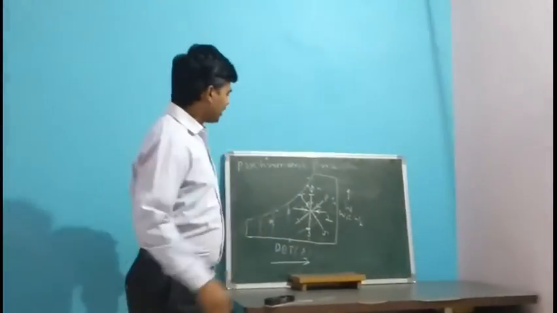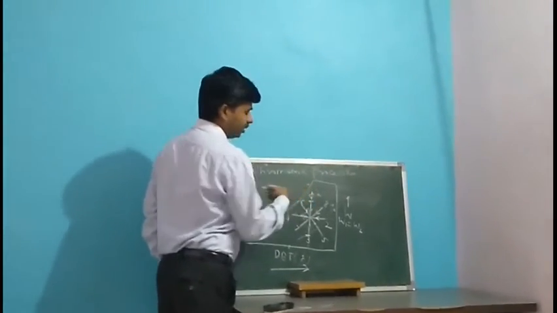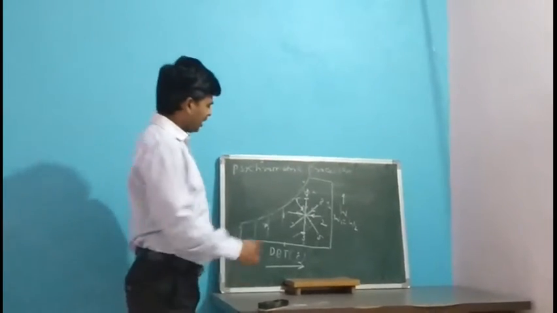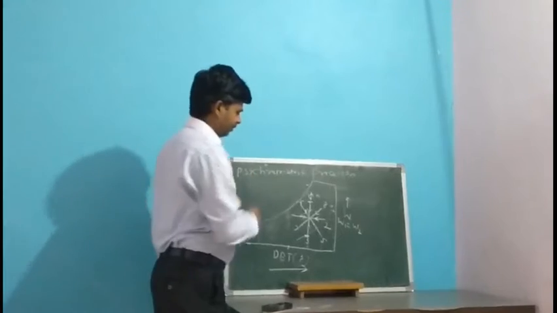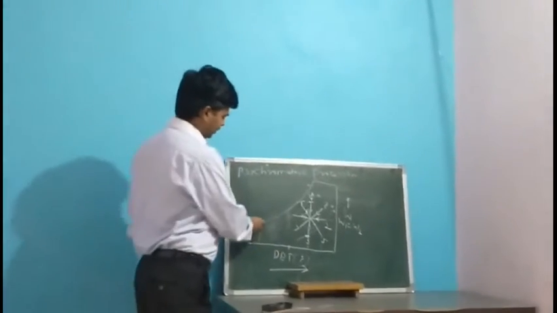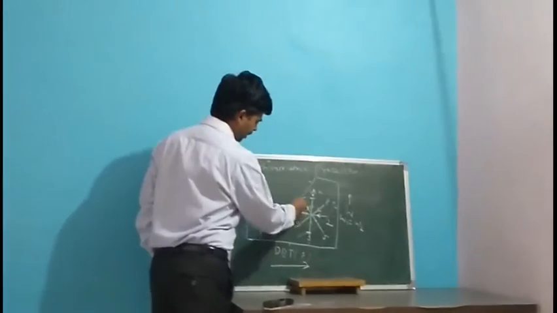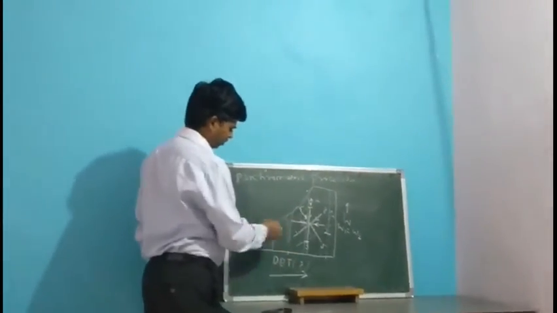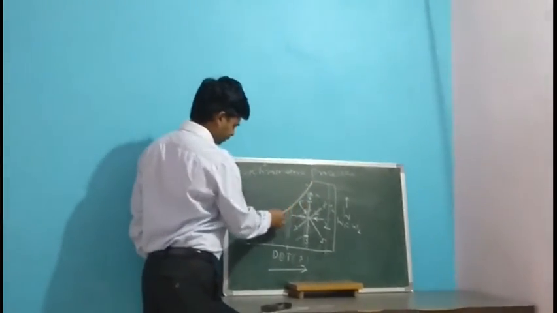So, the corresponding changes in the DPT and WBT. DPT is the dew point temperature and WBT is the wet bulb temperature. That also you can realize by just drawing the line. For example, these are the DBT lines. From here, this is known as a saturation curve.